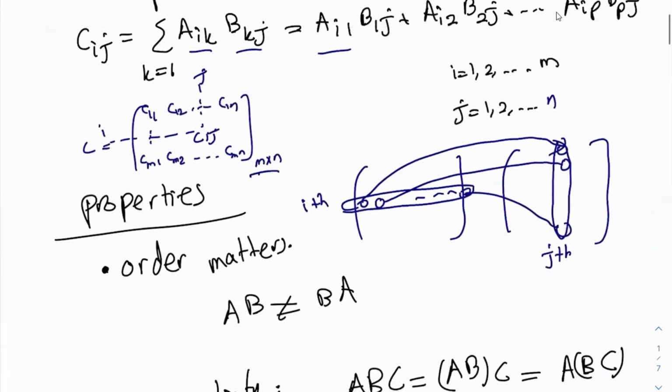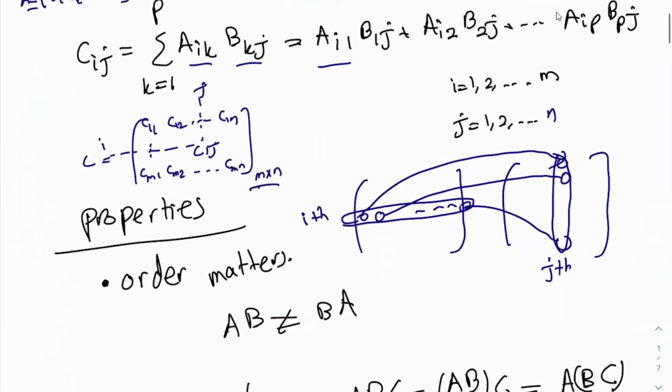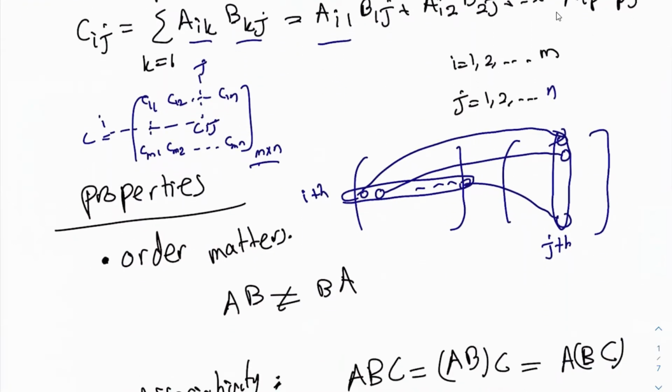Now, before talking about the properties: in order to multiply two matrices, the dimensions should match. What I mean is that if you are multiplying A times B and get C, and A is m by n, then B should have the same number of rows as the number of columns of A. So this should be n, and the number of columns of B can be anything, let's say k.